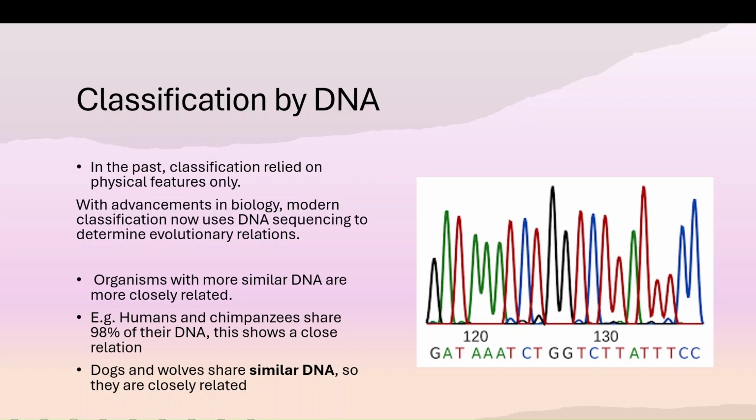So now, scientists can perform DNA sequencing, which means they read the exact order of the A, T, C, and G letters in the DNA. By comparing the DNA sequences of 2 organisms, they can see how similar their instructions are. So for example, if you sequence the DNA of a human and a chimpanzee, you'll find that they're 98% identical. That is because humans and chimpanzees share a recent common ancestor.